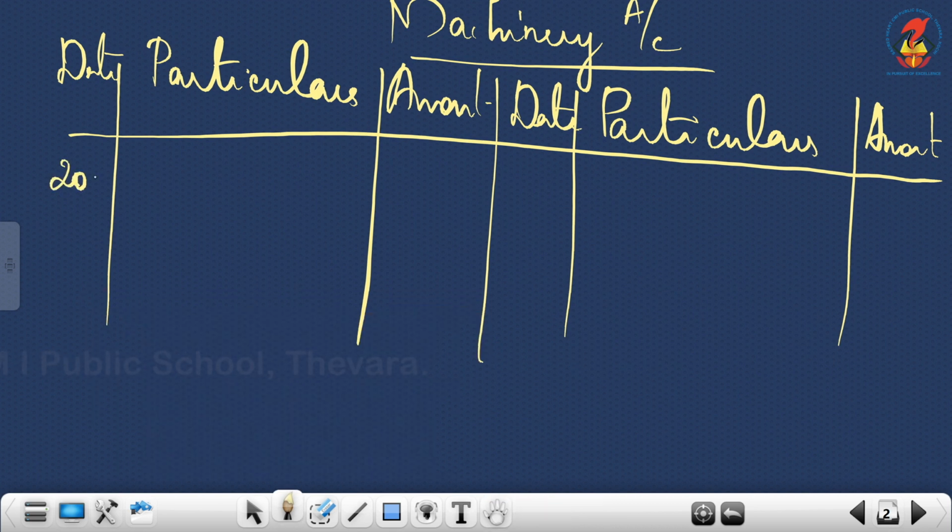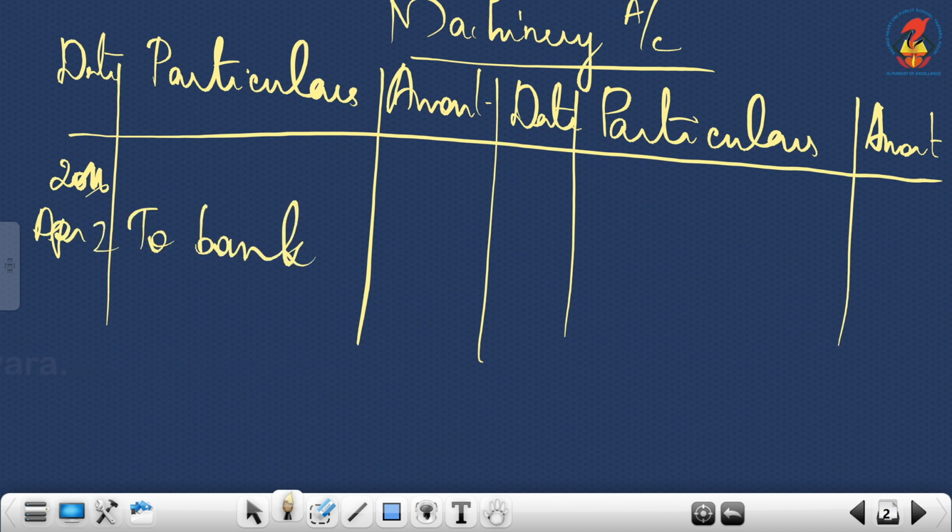We are starting with the date 2016 April 1st. We purchase something, that means to bank we have to write. It's 2 lakhs rupees. We don't have any additional cost for this.